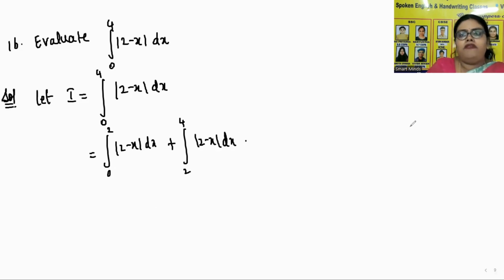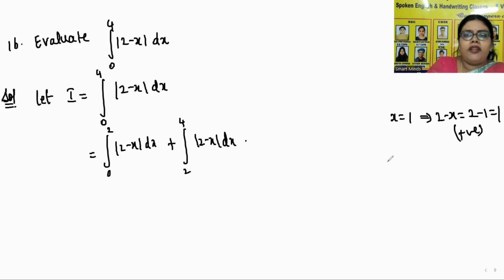Now tell me, if I take x as some value less than 2, let us say 1, then 2 minus x will become 2 minus 1, that is 1, which is positive. And if I take any number greater than 2, let's say x is equal to 3, then 2 minus x will become 2 minus 3, that is minus 1, which is negative.